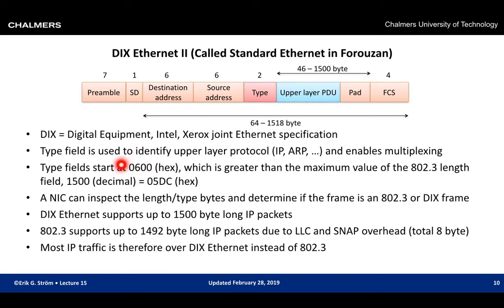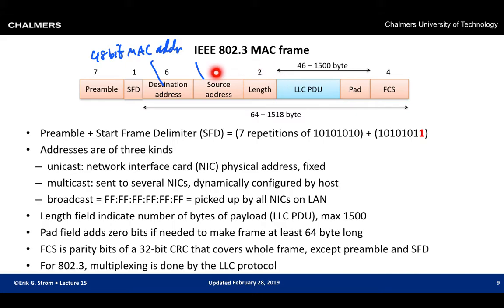Type field values start at 0600 hex, hexadecimal. And this number is actually greater than the maximum value of the 802.3 length field, which is 1500 in decimal, which is 05DC. Okay, so why is this important? Well, if a network interface card captures an Ethernet frame and looks at these 2 bytes and wants to know, is it a DIX frame or is it an 802.3 frame, it can learn this by just looking at these 2 bytes.